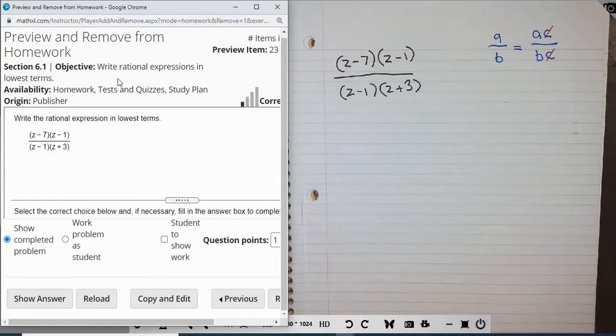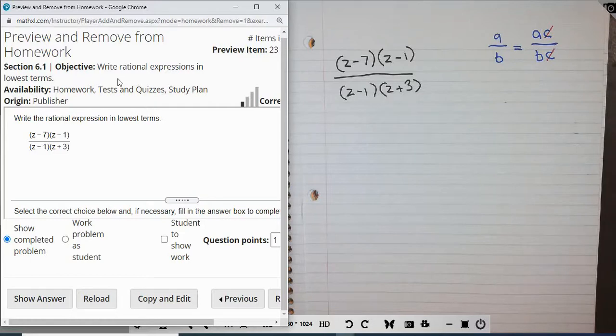Right, and going back to what we talked about in chapter 6, to write a rational expression in lowest terms, the first thing you would want to do would be to factor both the numerator and denominator, right? Notice that this one has already been factored as z minus 7 over z minus 1, okay? So what we would do is cancel out any common factors.